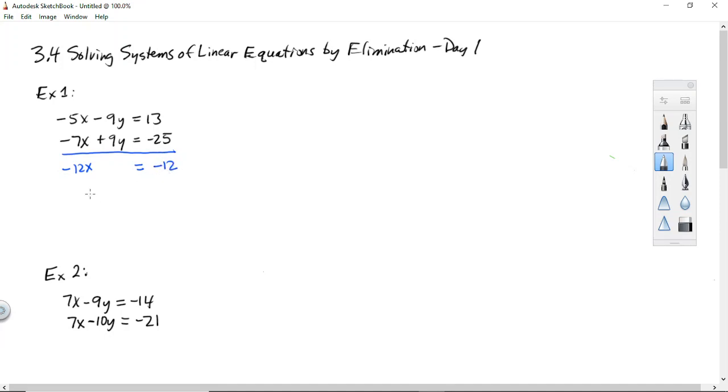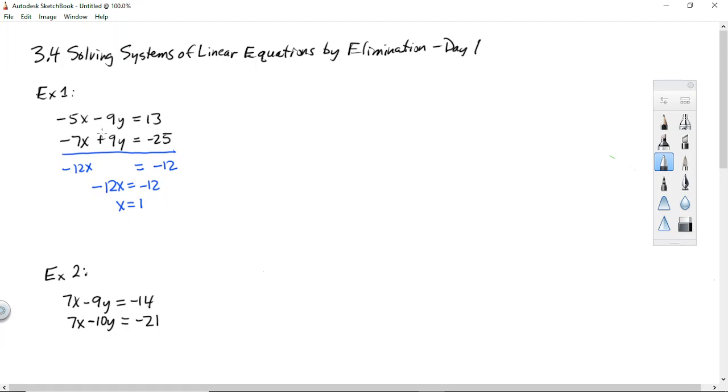Okay, so we have this, and we'll write it a little more normally: negative 12x equals negative 12. Of course, we divide both sides by negative 12. We get x equals 1, and we now have the x coordinate of our solution.